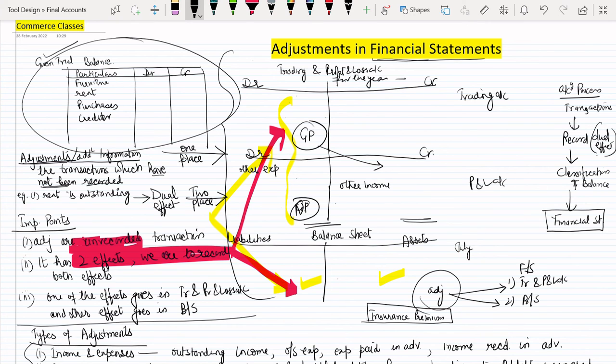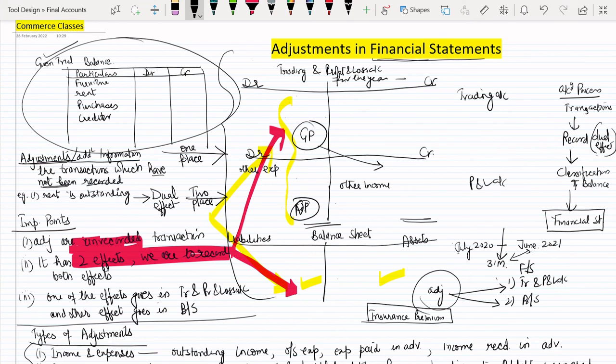So you took up the policy. Suppose this is the year 2020. The premium will be paid from July 2020 to next June 2021. But your account closes on 31st March. You have already paid insurance premium, so this 3 months premium is in advance. So we need to adjust it later on.